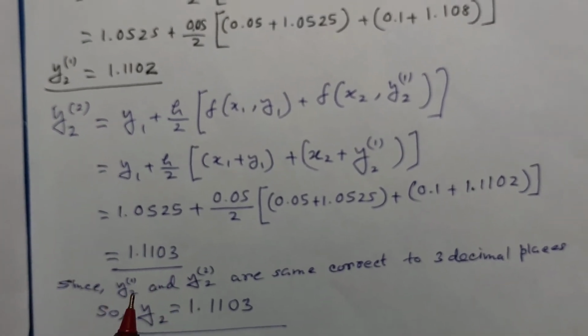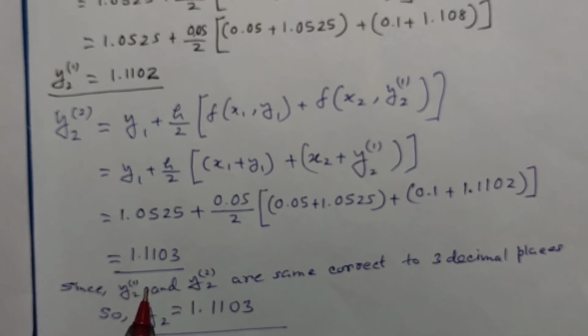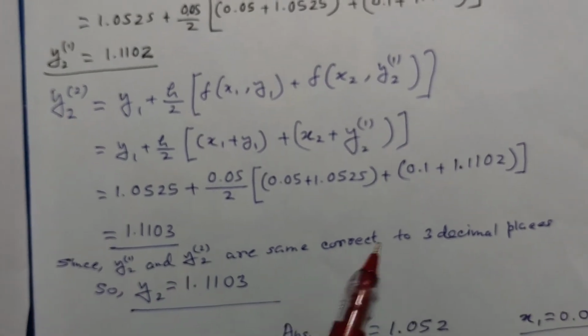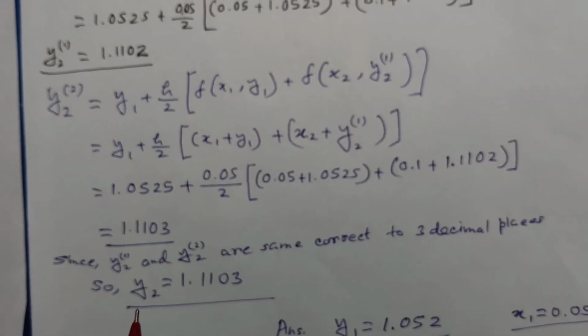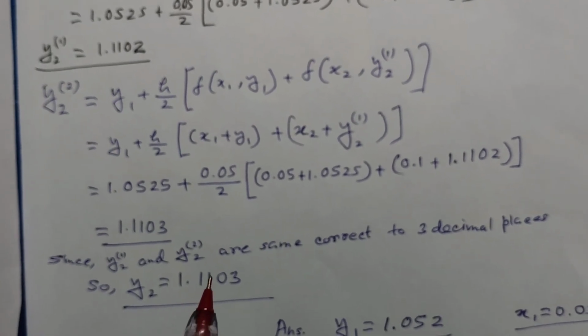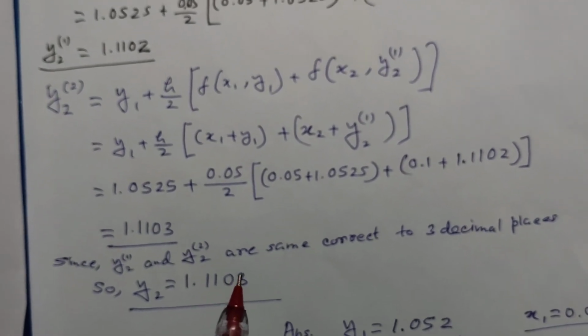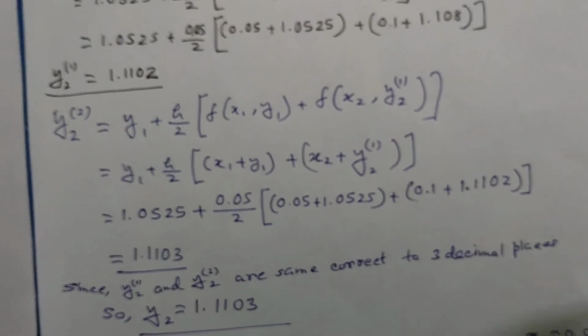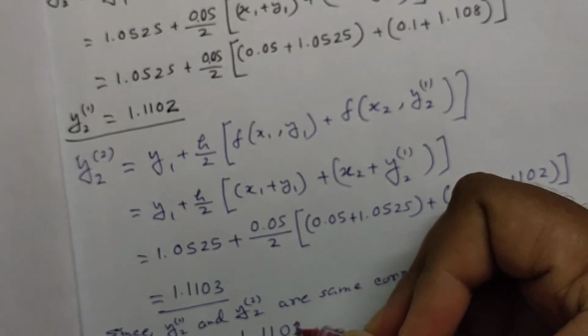Since y21 and y22 are the same, correct to 3 decimal places, y2 is 1.110. We can eliminate this.